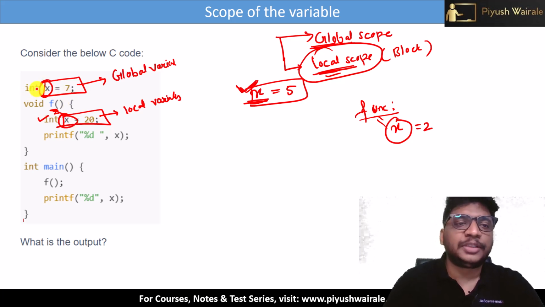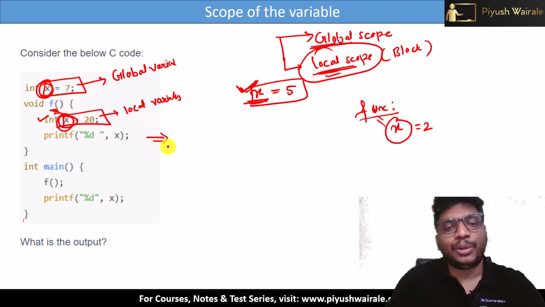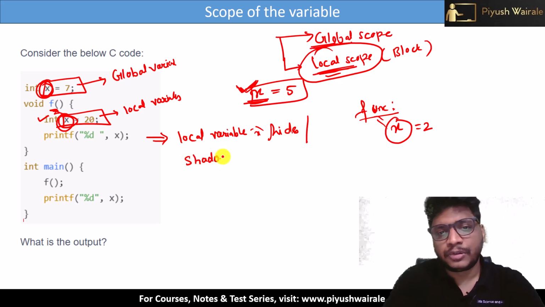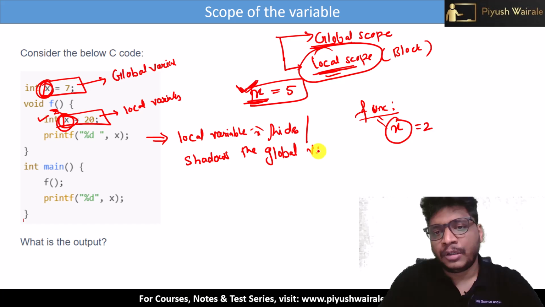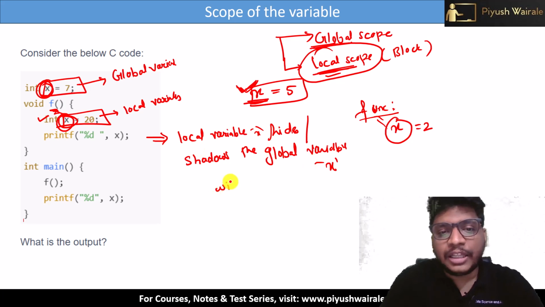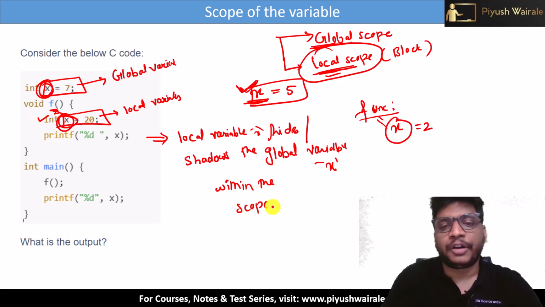So when we define a same variable inside the function and outside the function as well, we can say that local variable x here hides, or we can say shadows the global variable x here, but within the scope of this particular function f here.